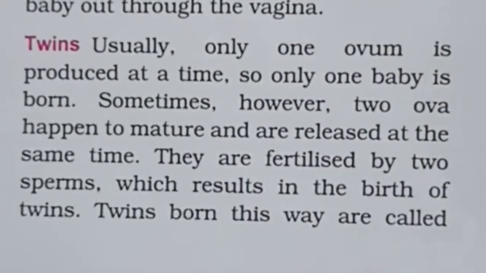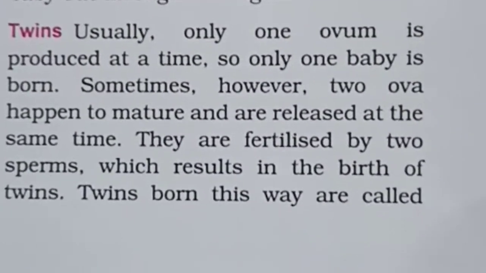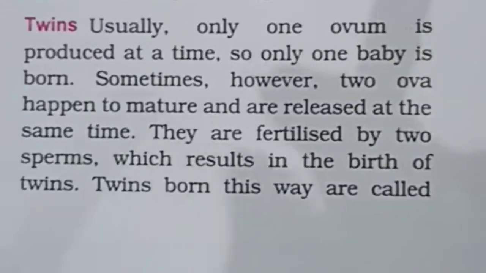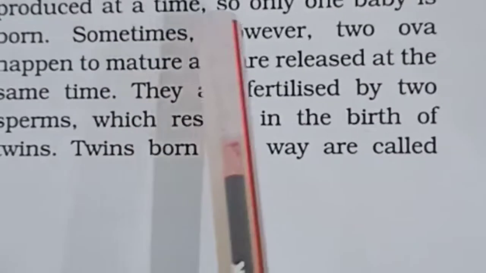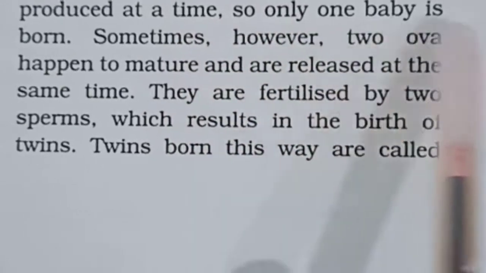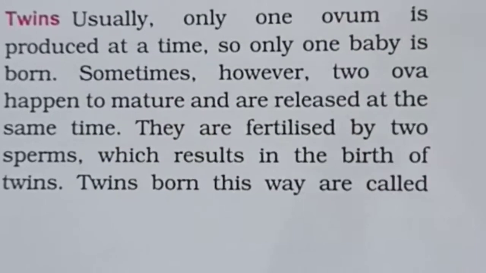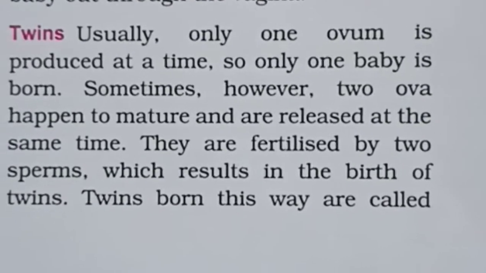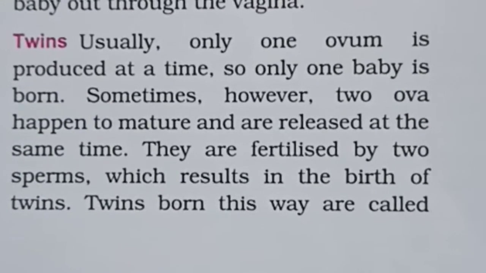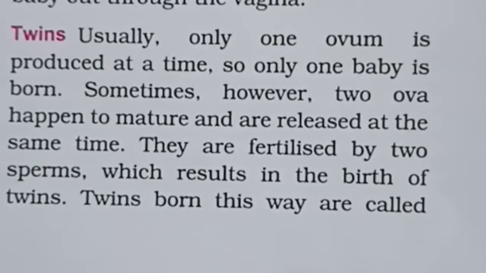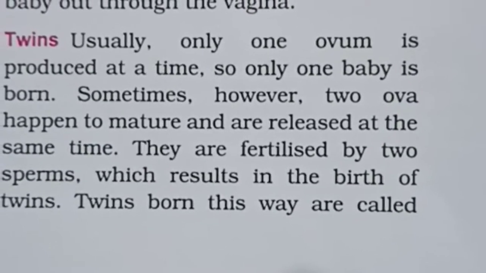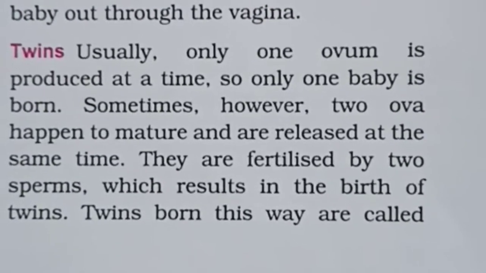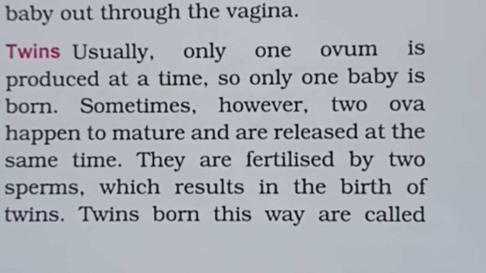Next, we have twins. Usually, only one ovum is produced at a time, so only one baby is born. But sometimes it so happens that two ova mature. That means two ova get matured and both of them are released at the same time.